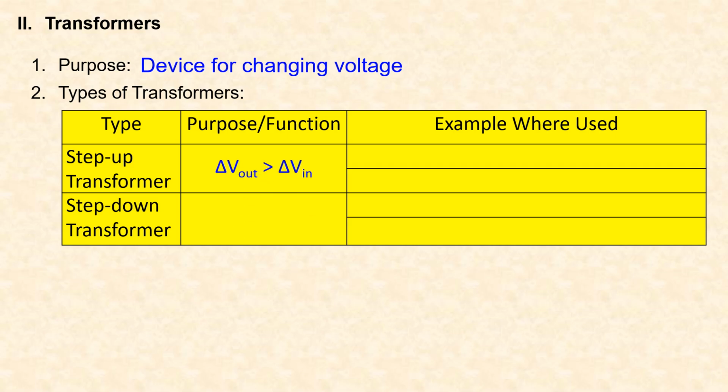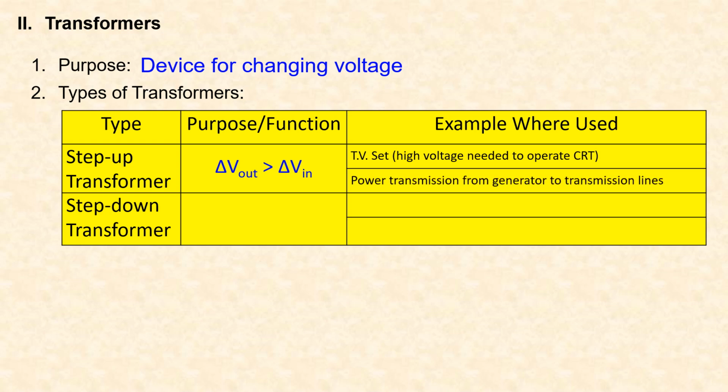A step-up transformer provides a greater voltage out of the device than you would put into the device. Some examples, maybe not so much anymore, are TV sets that were based on CRT, cathode ray tube technology, which required a high voltage to operate. So within every TV set would be a transformer because the typical 110 volt voltage supplied by a typical US electrical outlet was insufficient to operate the CRT.